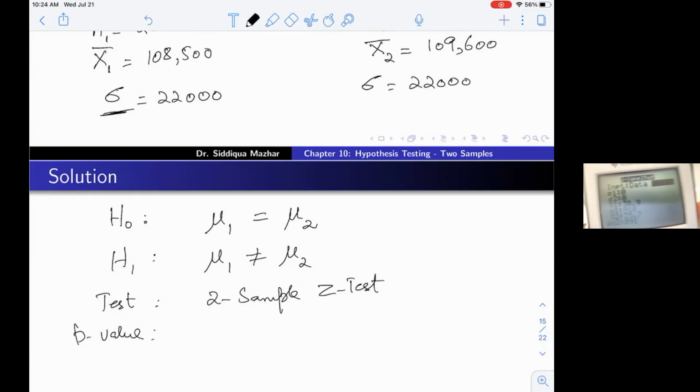Again, go to stats. There is sigma 1. Sigma 1 is your population standard deviation for group 1, which is Central Michigan University, and sigma 2 is the population standard deviation for the second group, which is Western Michigan University. So in both cases, I have the value 22,000.